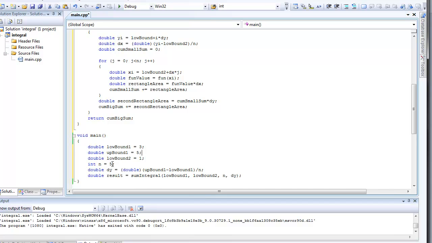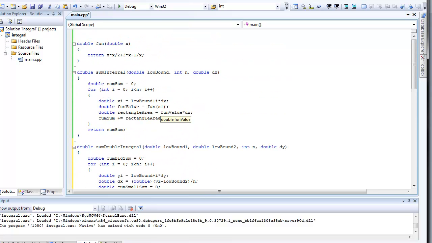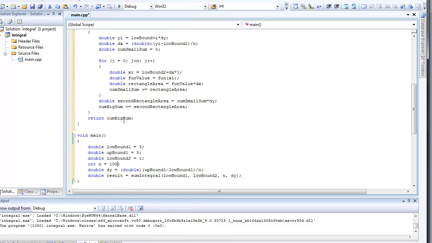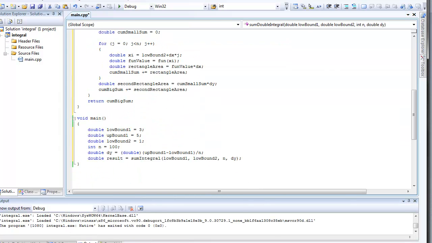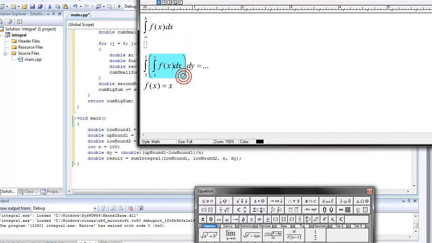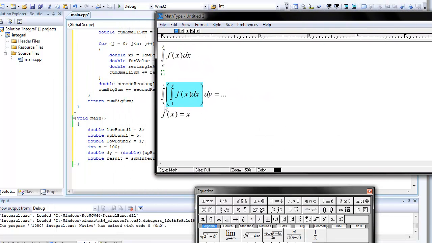And okay, so increase the number, say 200, and let's see what number it will return. So we are evaluating this strange function. The numbers are fine, those are same as here. So for the outer integral it's 3 and 5, the bounds, and for the inner integral it's from 1 to y.